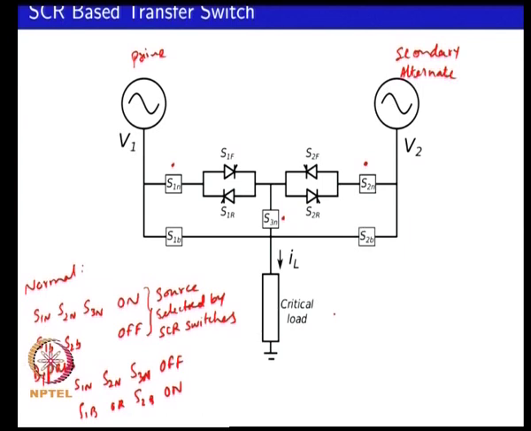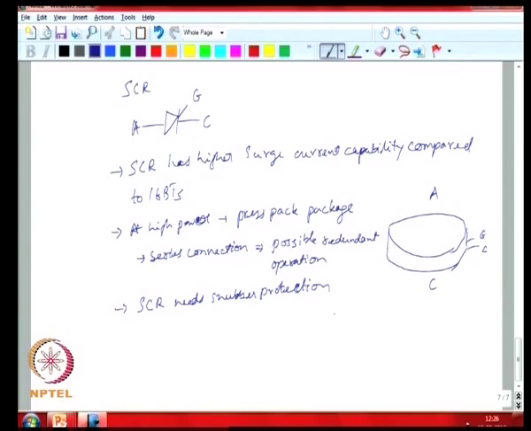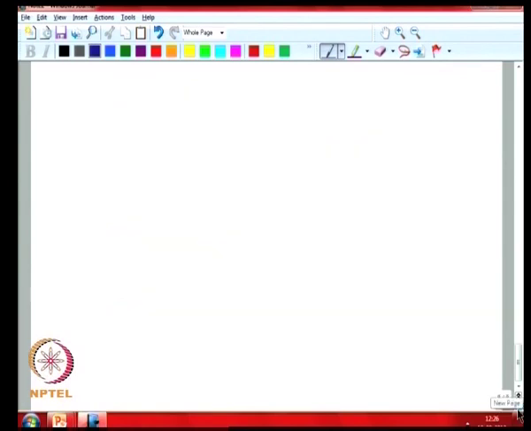Okay. And there are a few methods for shifting over to V2. So, methods of transfer. One is called open transition.